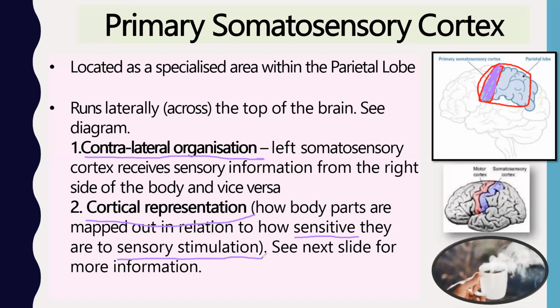If the cup of coffee is too hot and I drink it and I burn my tongue, well, that's evidence for you that your tongue is very sensitive when it comes to sensory stimulation as well. Okay, so those are two good examples of body parts that are very sensitive to sensory stimulation, your tongue and your fingers. Okay, so that is basically some features of the primary somatosensory cortex.